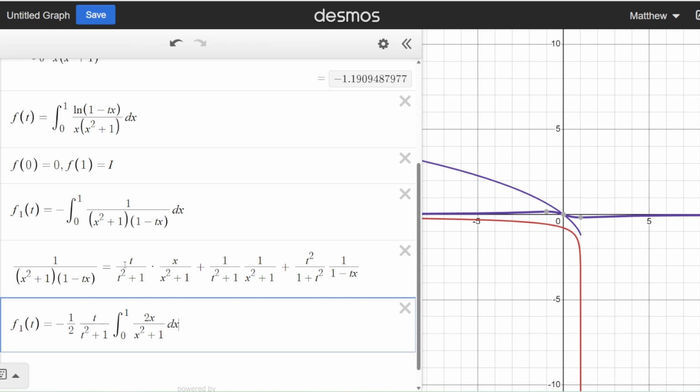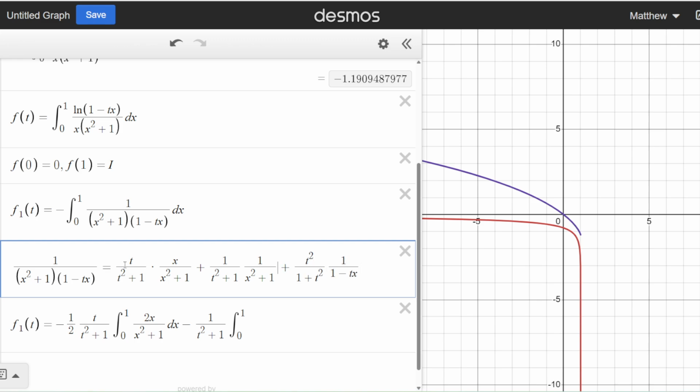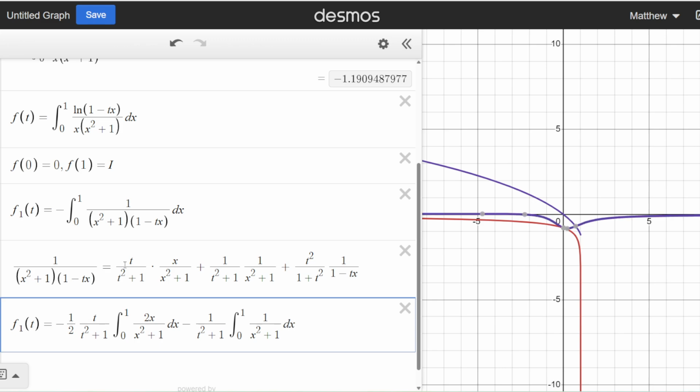And then it's going to be minus 1 over t squared plus 1 times the integral from 0 to 1 of our next term, dx. And of course, this is just pi over 4. So I'm just going to go ahead and write that as pi over 4 right away.